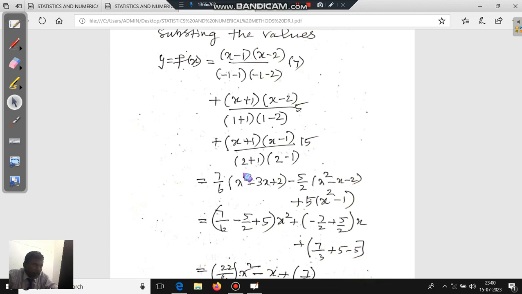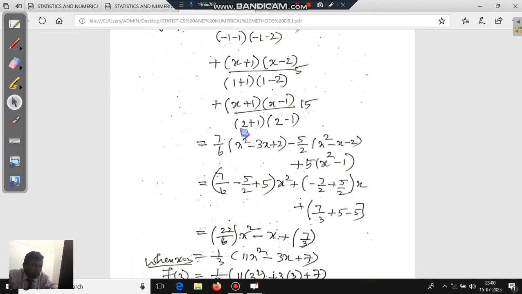If you simplify, you will get 7 by the denominator 6 into x square minus 3x minus 2x plus 2, similarly 5 by 2 into x square minus x minus 2, and the last term with 15.